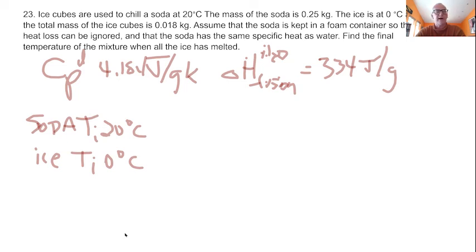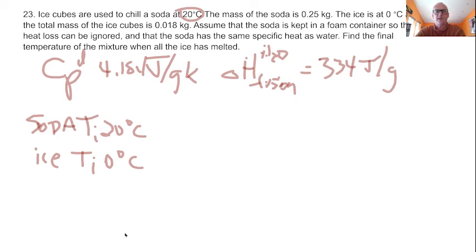Where does the first bit of heat go? So it's going to be heat lost from the soda into the ice, right? So then when the soda loses heat, it's going to cool down. So we know it's going to be colder than 20 because when you put ice in a drink, it gets cold, right? Where does that heat go?